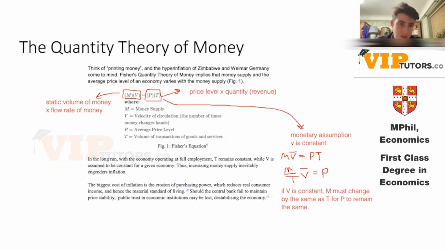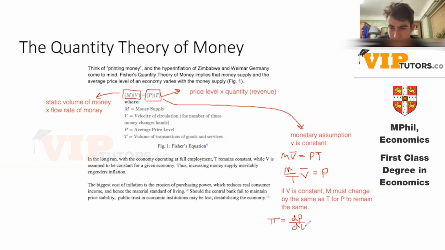So in other words, we realize that the inflation rate is the growth rate of P, the change in price over time, right?